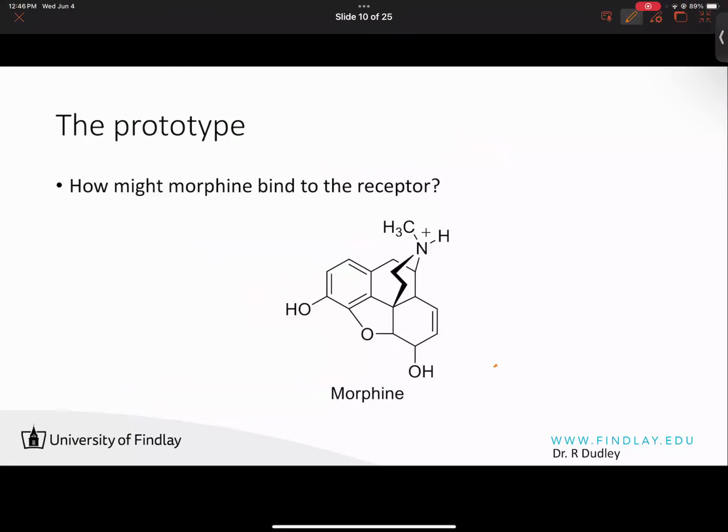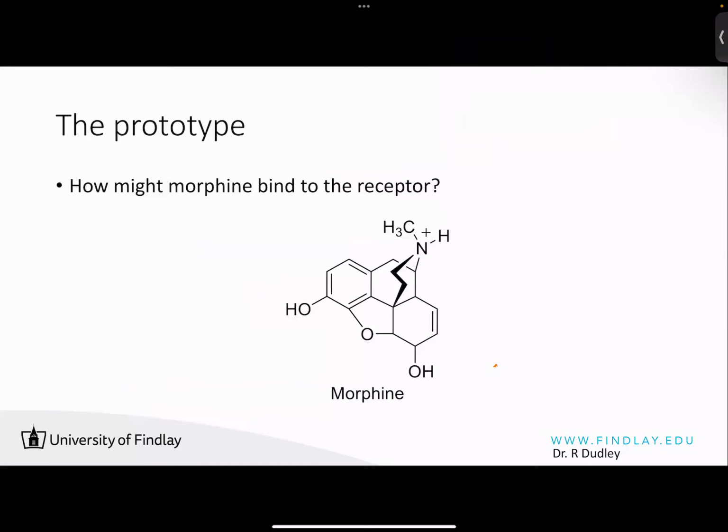Now, we made mention of the fact that morphine is the prototype. And I already told you about how tyrosine, glycine, phenylalanine binds to the opioid receptors. Compare the structure of that tetrapeptide to that of morphine. What do you see that resembles that tetrapeptide in morphine?